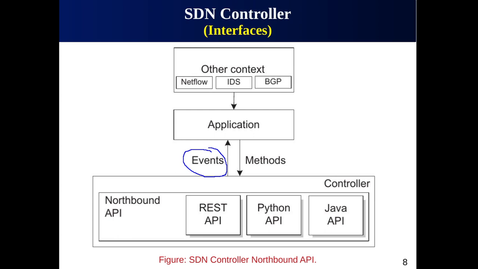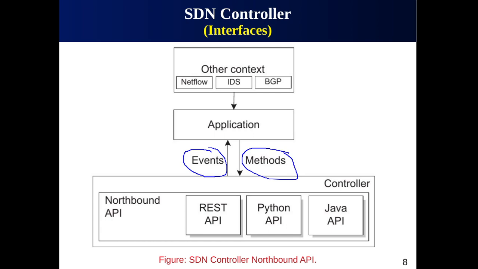What is an event? An event may pertain to an individual packet that has been received by the controller, or some state change in the network topology, like a link going down, a change in topology. That is an event. On the other side, from the application to the controller, applications use different methods.